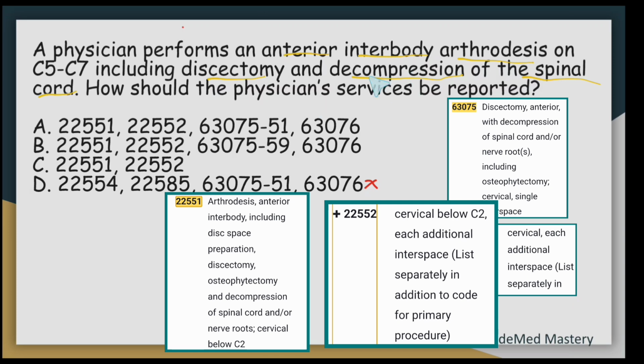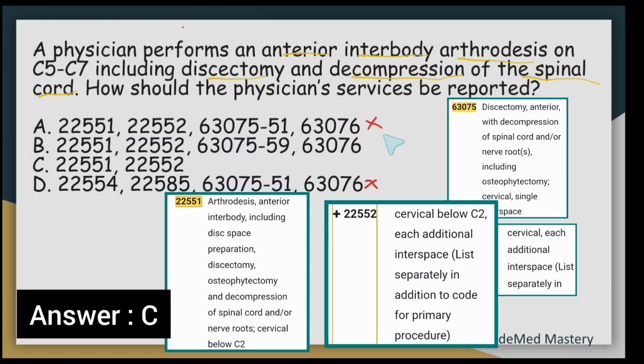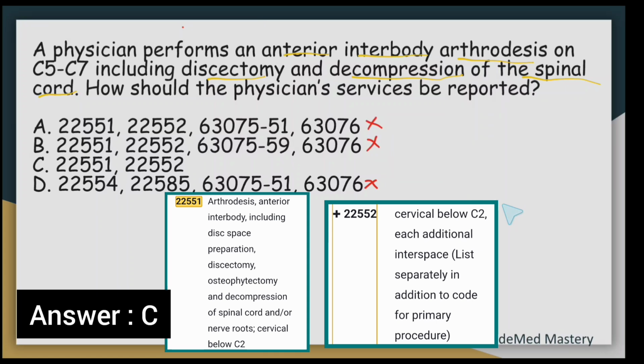But according to the scenario, we have to code arthrodesis, because they have mentioned arthrodesis, and the code 22551 includes arthrodesis, anterior interbody including disc space preparation, discectomy, osteophytectomy. It is included in the code 22551, right? So we need not code 63075 and 63076 additionally. So option A and B will be wrong. Option C is the right answer.